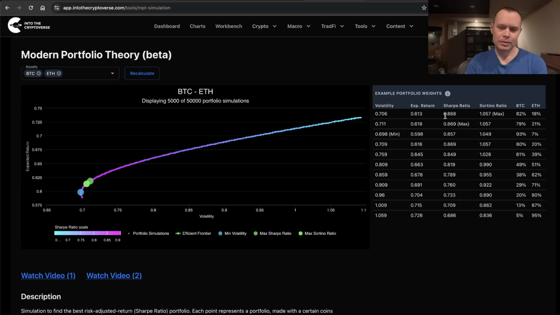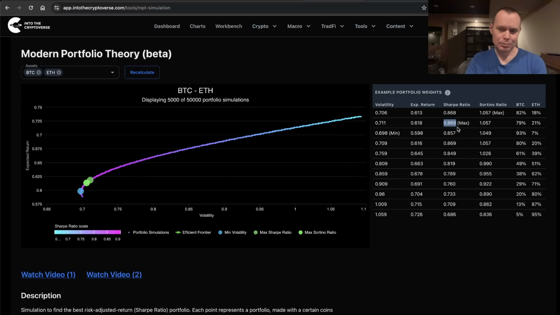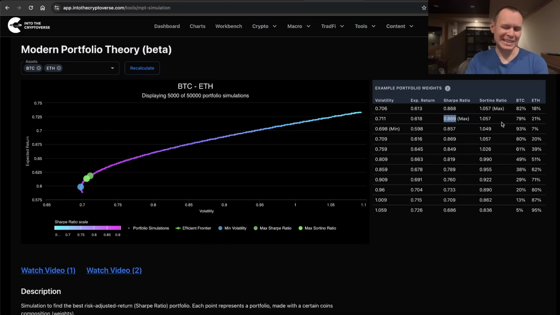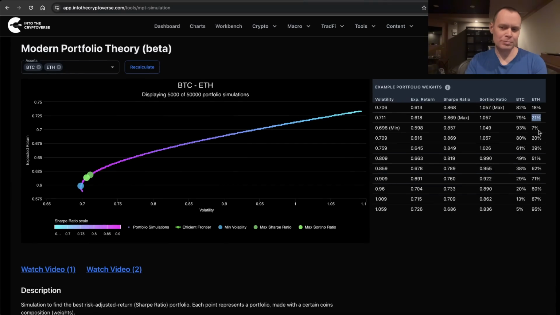Okay? 0.869. So the maximum Sharpe Ratio for a portfolio consisting of Bitcoin and ETH, based on what we have here, is 0.869. This portfolio would consist of 79% Bitcoin and 21% ETH.